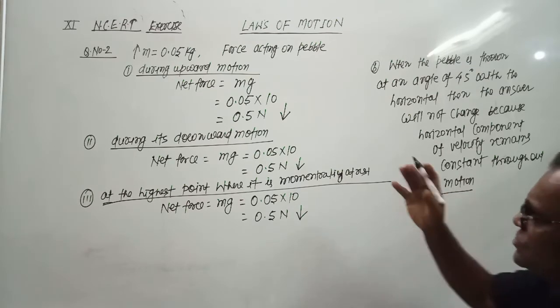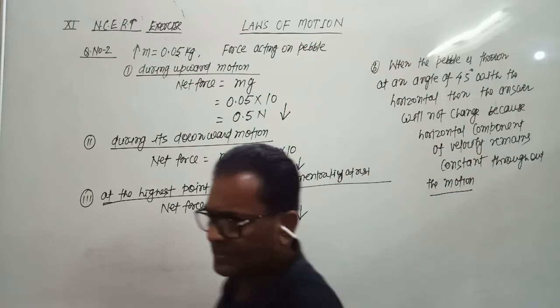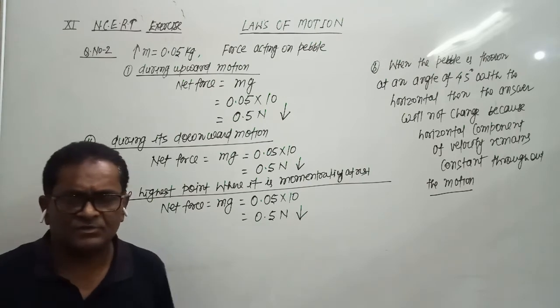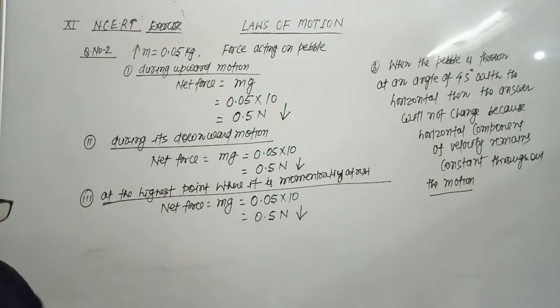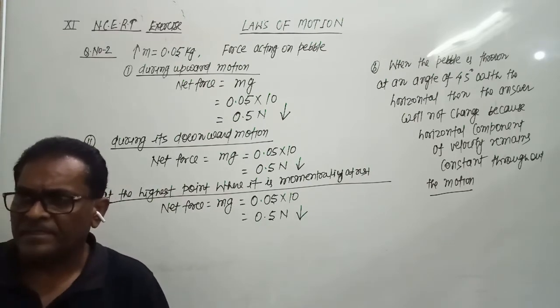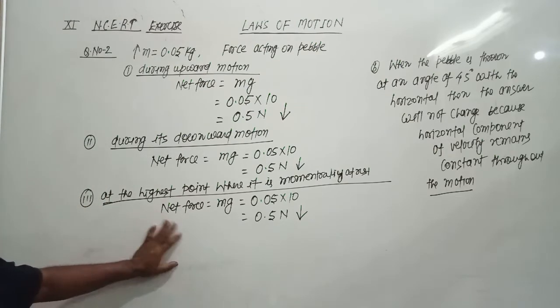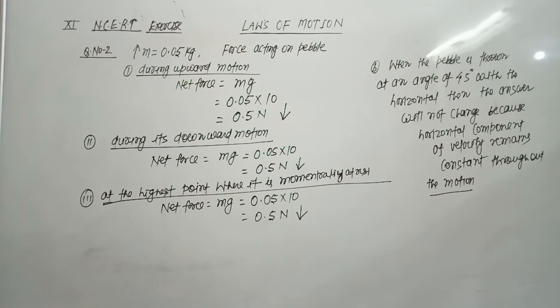Whether the body is going in upward direction or downward direction, in both cases the horizontal component of velocity remains constant. So there will be no change in the answer.